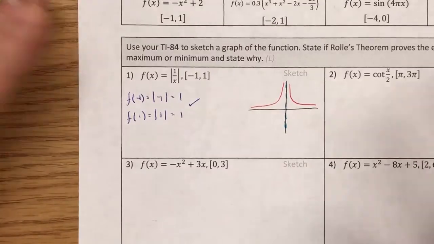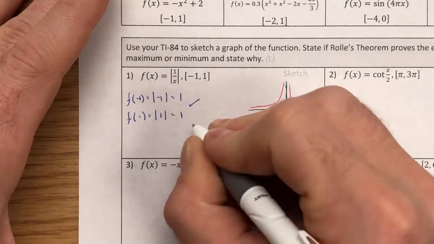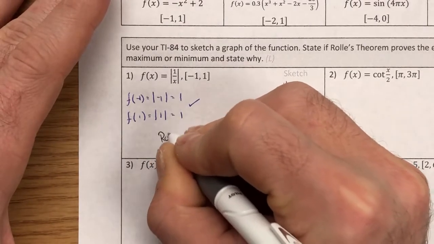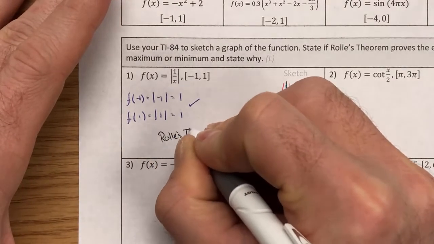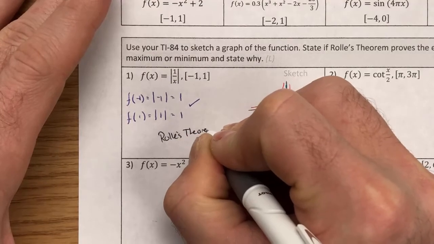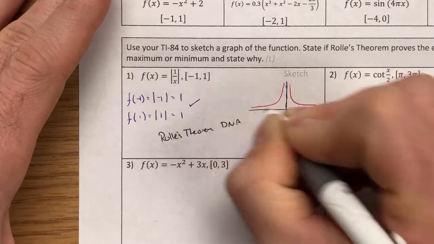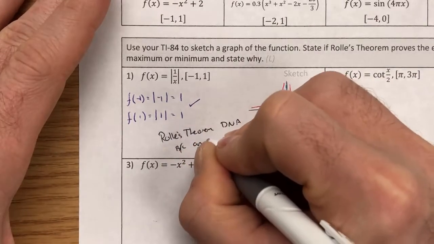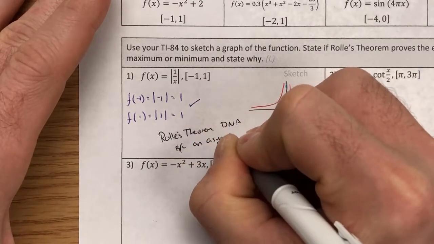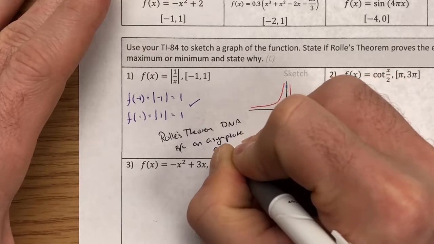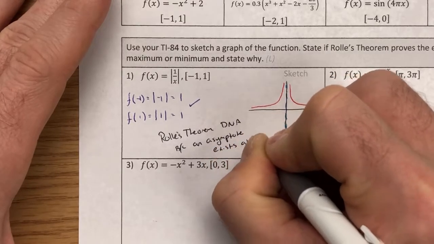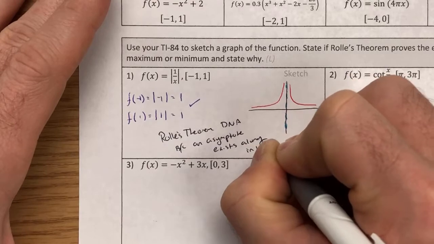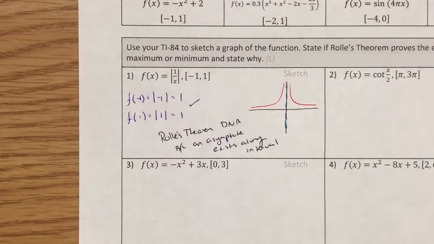So, no, Rolle's theorem does not apply because an asymptote exists. So I can't use it for anything.